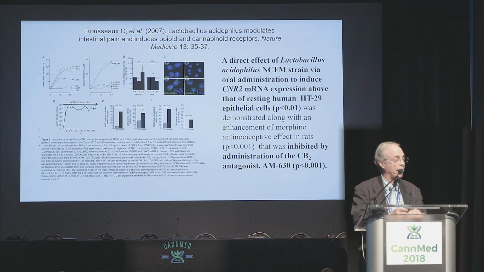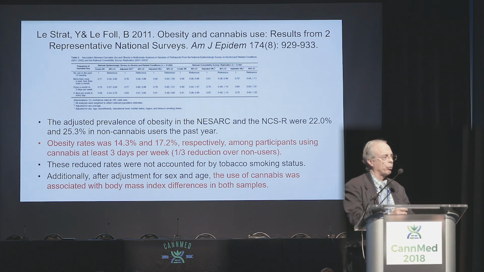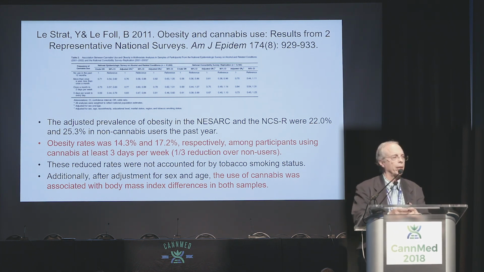So they demonstrated that, as well as an enhancement of morphine's pain-killing effects in rats, highly statistically significant. And that reduction in pain was inhibited when a CB2 antagonist was administered. So that fits together.